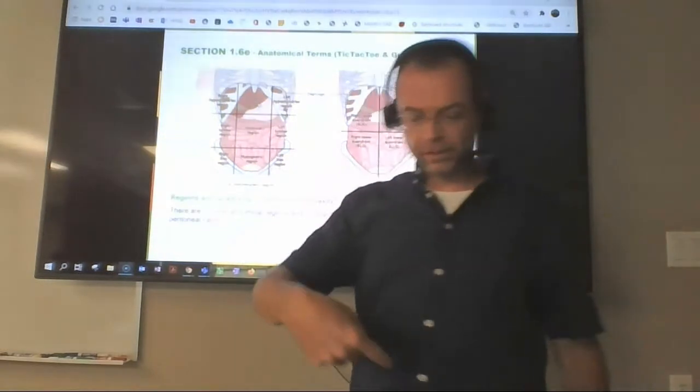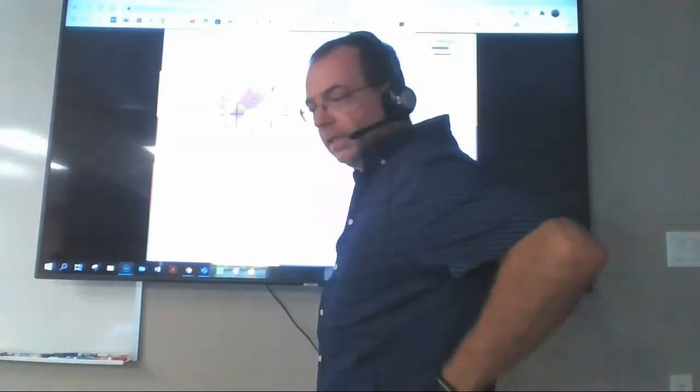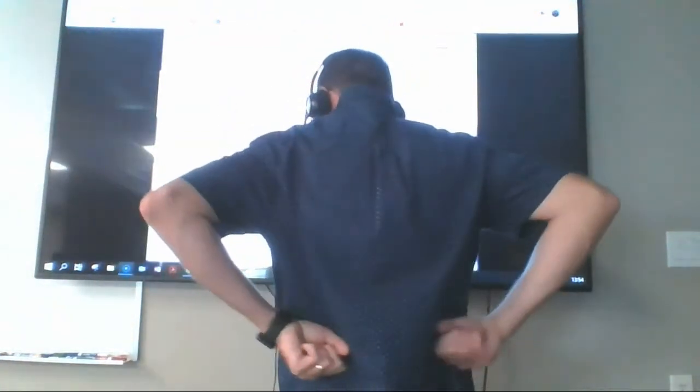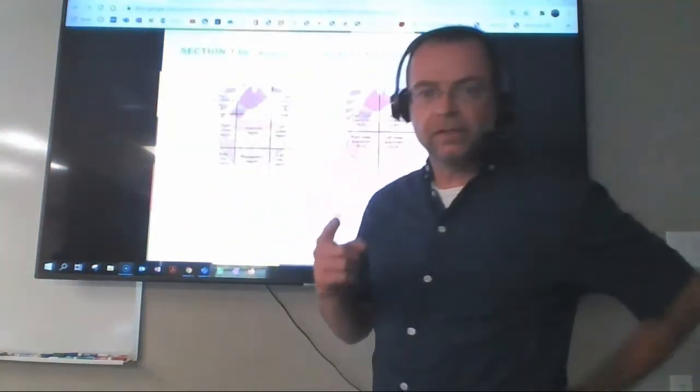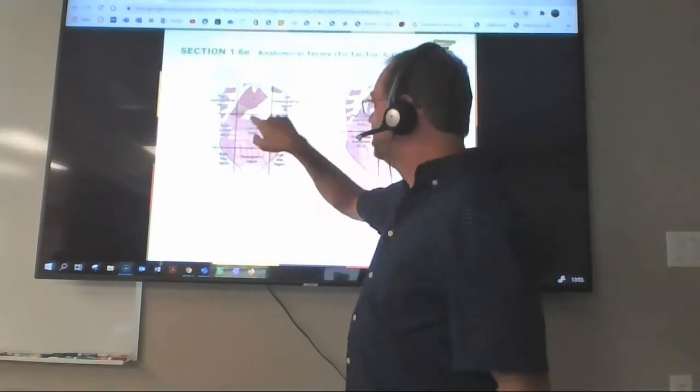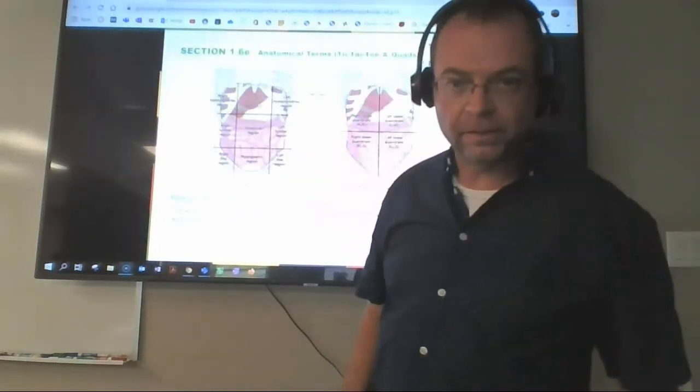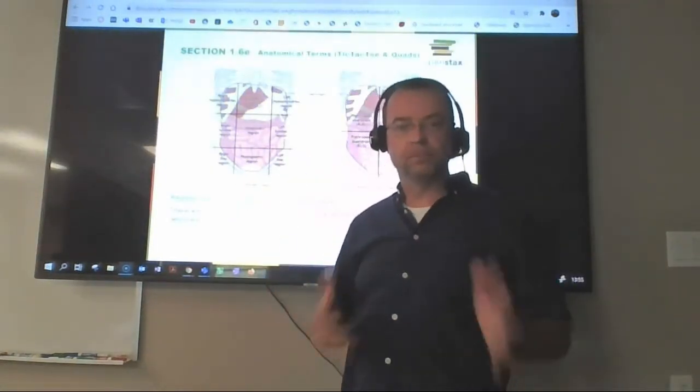If you put your finger on your umbilical region, and you make two fists, and you move them laterally, and then you move them posteriorly, and then you move them medially, you'll end up in the lumbar region of the lower back. So basically, if you stick your finger right through your belly button, it will come out the back in the lumbar region.